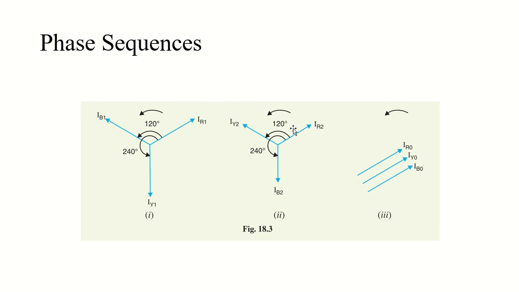So when the rotation will be counterclockwise, what will happen? The angle between r and y will become 120 degrees. Here the angle between r and y was minus 120 degrees or 240 degrees. But in negative sequence, the angle between r and y will become 120 degrees. Same way the angle between y and b will be 120 degrees again.